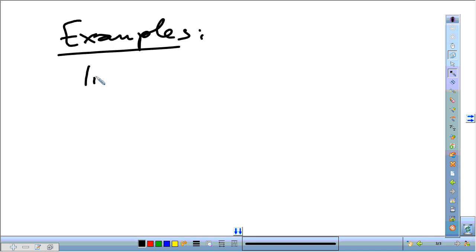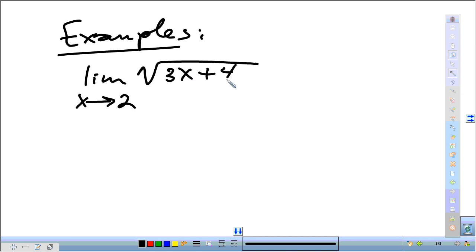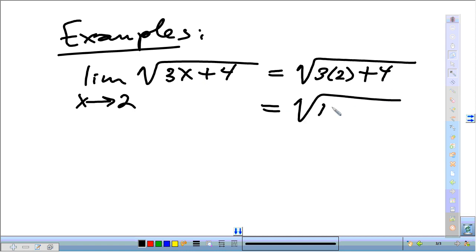Some examples: if you want the limit as x goes to 2 of the square root of 3x plus 4, this is a nicely defined function, where the square root is defined as long as we take a non-negative number, and so we could evaluate the expression at 2, getting square root of 10, and that's the limit.